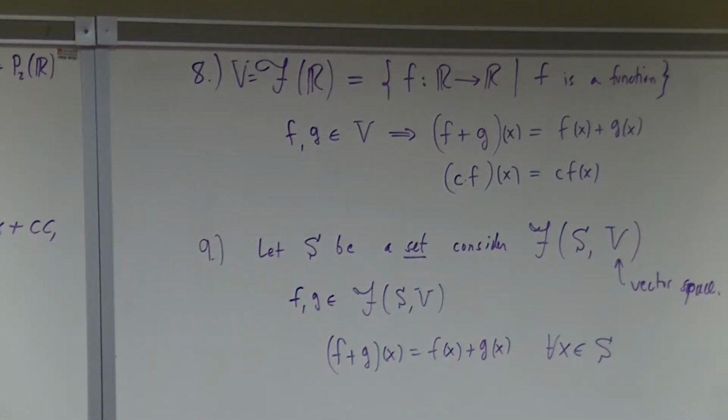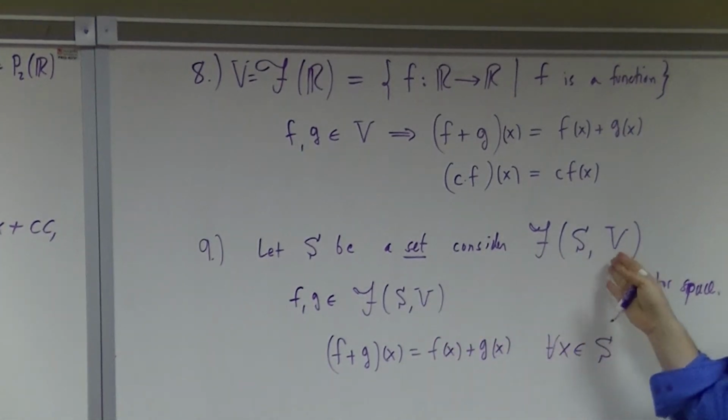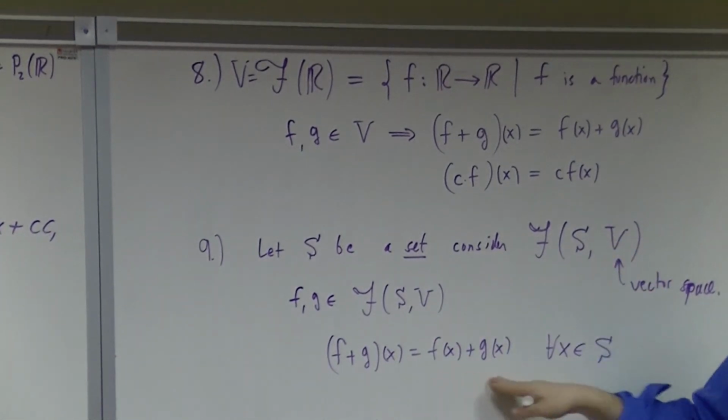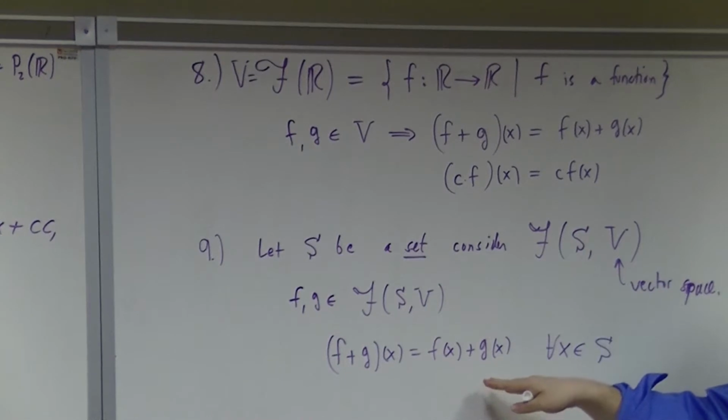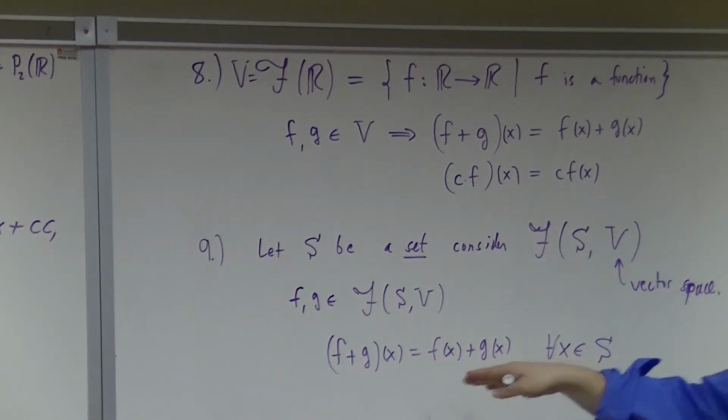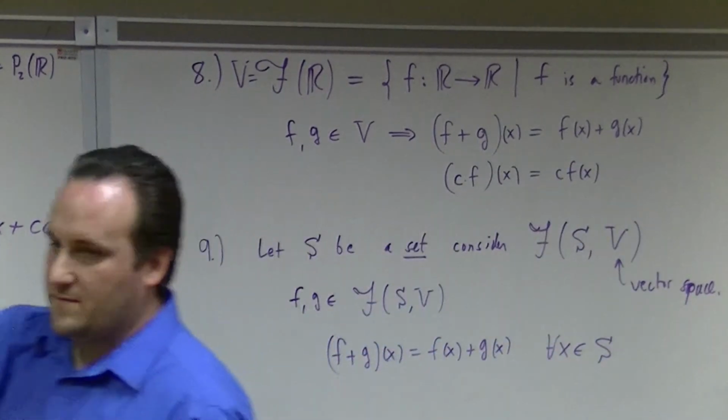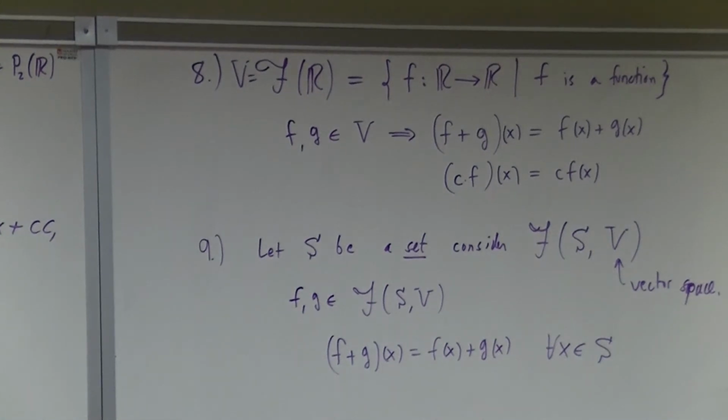This object will inherit a vector space structure from its range. The fact that you're taking functions which map into this vector space means that these values, like f of x plus g of x, automatically pick up all of this nice structure from the fact that the vector space itself has this nice structure in the range, paired with the definition of pointwise. That is a stupidly general example.